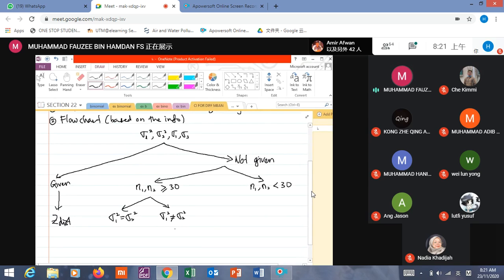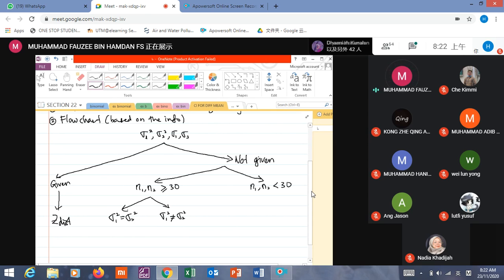I repeat again, we assume the variances are different unless there is a statement or test showing that the variances are equal.